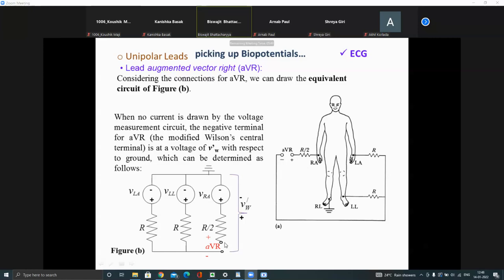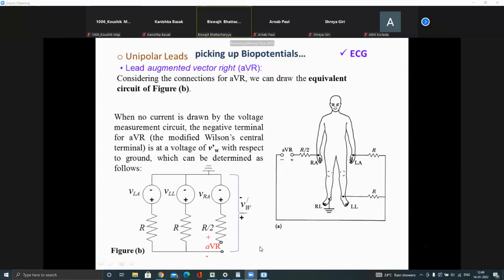So it is R by 2 and that particular one. And VLA and VLL are coming where the resistances are of value 5 kilo ohm. Now we can measure this AVR voltage. Now when no current is drawn by that terminal because it is open here.